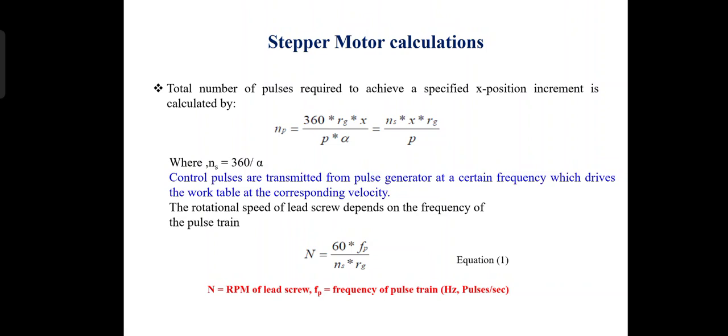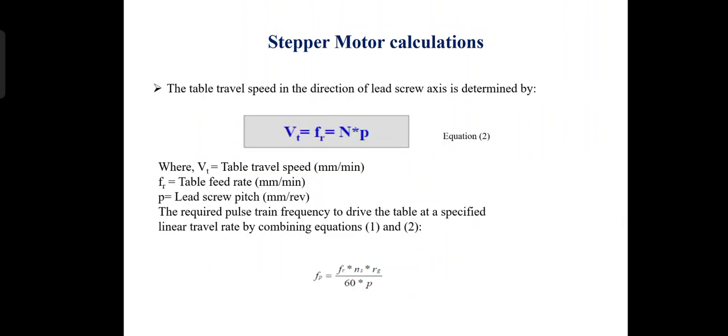The control pulses are transmitted from a pulse generator at a certain frequency, which drives the work table at a corresponding velocity. The rotational speed of the lead screw depends on the frequency of the pulse train. As you can see, N is the RPM of the lead screw and f is the frequency of the pulse train in pulses per second.